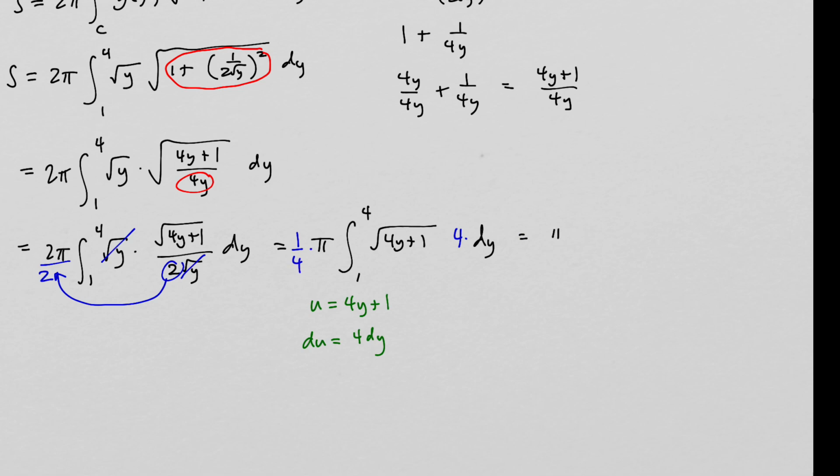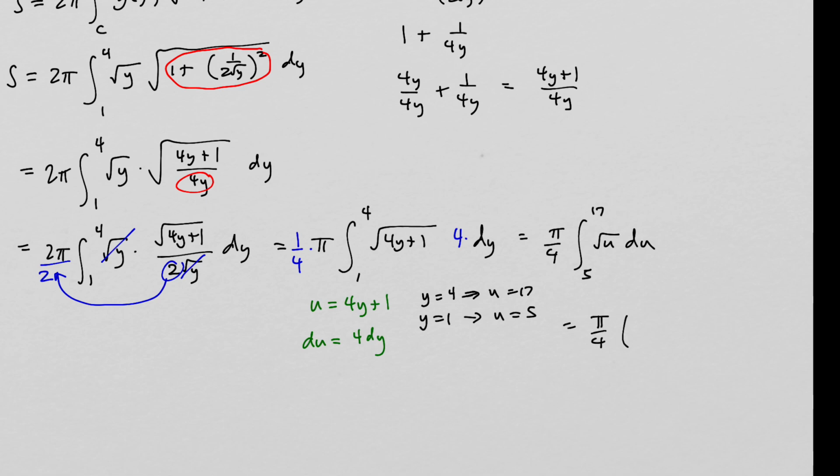And this becomes pi over 4 integral of the square root of u times du. And then when y equals 1, u is going to be 5, and when y equals 4, u is going to be 17. Sounds familiar, right?